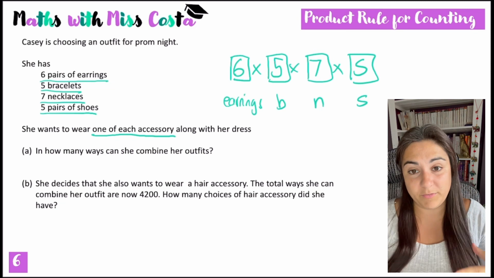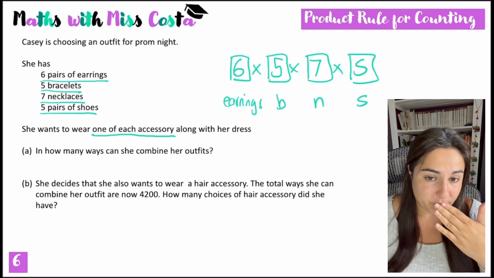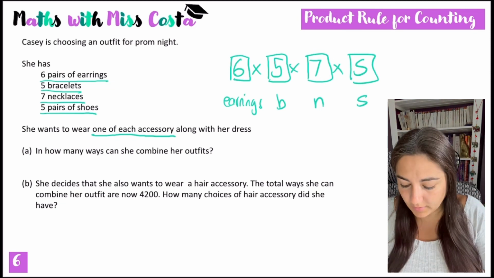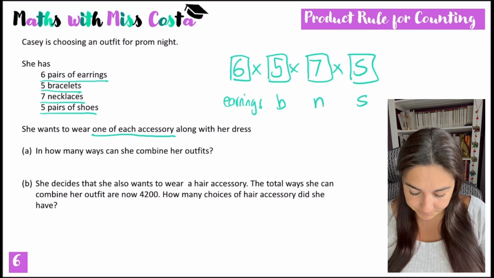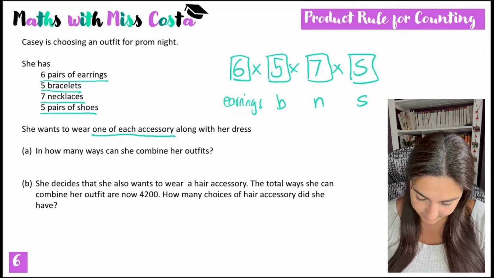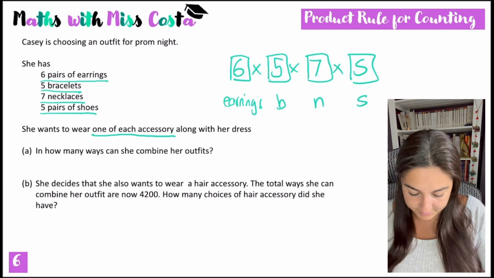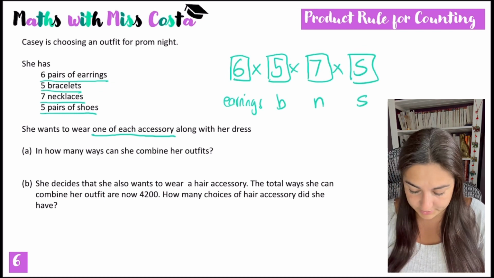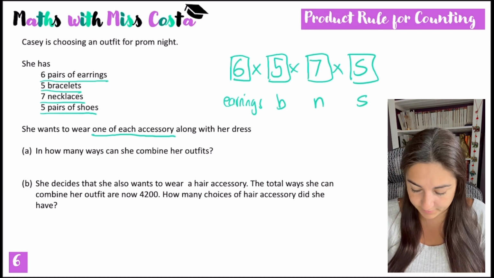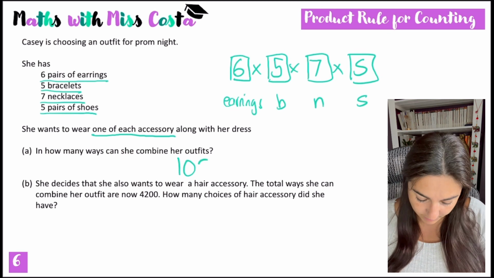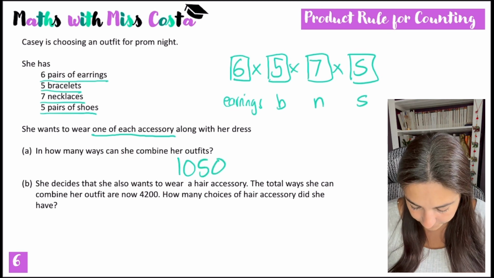So for when we've got combinations, the product rule is we multiply. So 6 times 5 times 7 times 5. How many different ways can she wear her outfit? 6 times 5 times 7 times 5 is 1050.